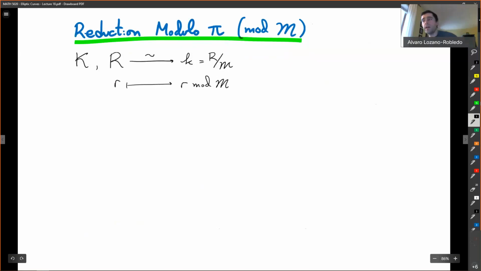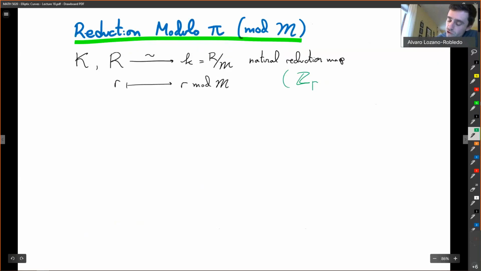That is the natural reduction map that, for example, sends the p-adic integers to F_p via that map, which is isomorphic to Z_p modulo pZ_p.